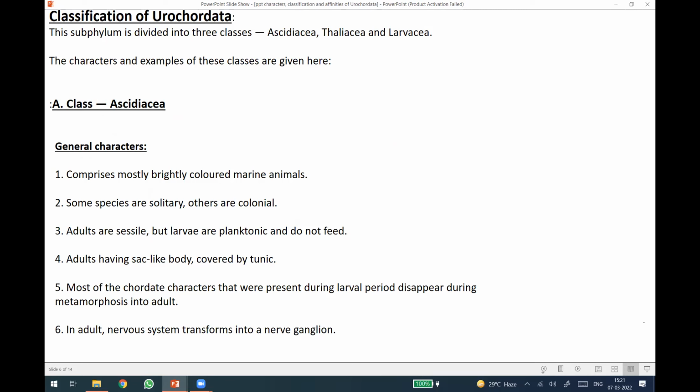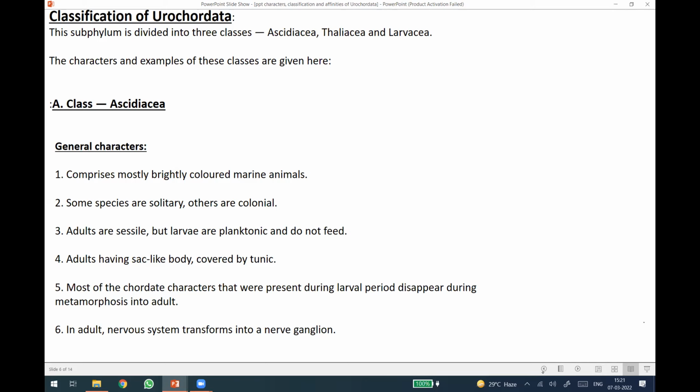Now, the important characters we have seen, now the classification of Urochordata. The subphylum is divided into three classes: Ascidia, Thaliacea, and Larvacea. One by one, let us see. Ascidia is the first class.